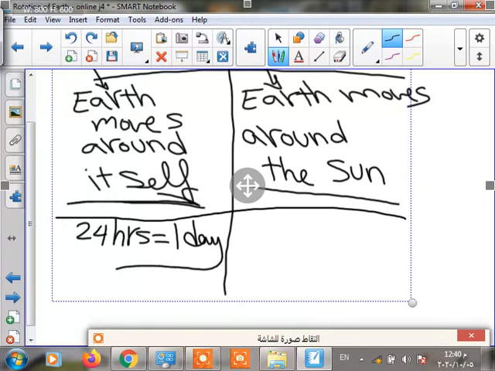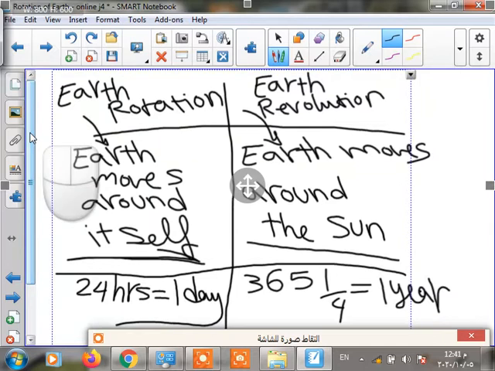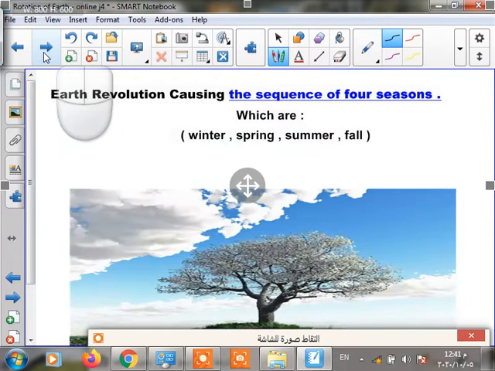While here in Earth's revolution, it will take 365 and a quarter days, equal to 1 year. Excellent. Here is the comparison, or differences, between Earth's rotation and Earth's revolution. Alright. The natural phenomena resulting from this Earth's revolution, what is this called?